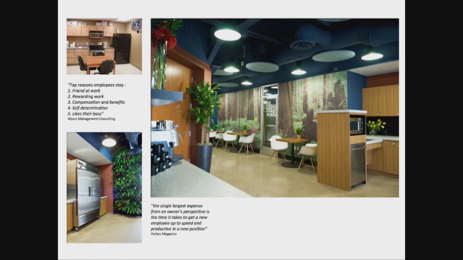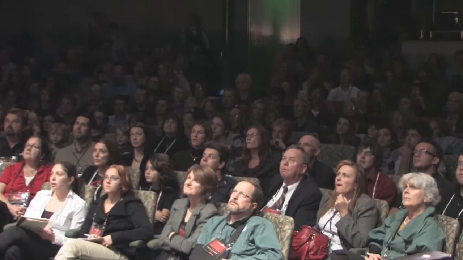This is the kind of lunchroom that encourages you to either leave the office for lunch or eat at your desk. If it's true that one of the number one reasons that people stay at a job is because they can make friends, then this is a missed opportunity. So we can design a lunchroom that looks like the kind of place where you can make friends.